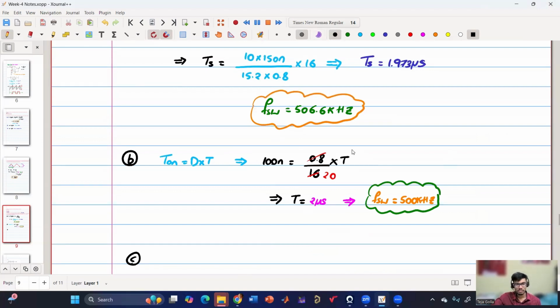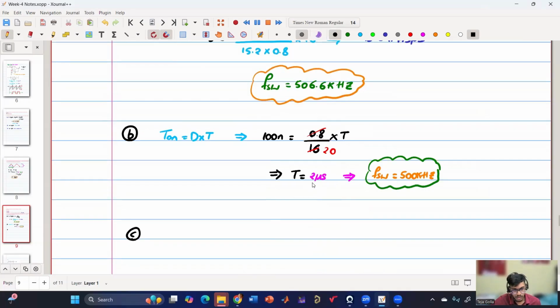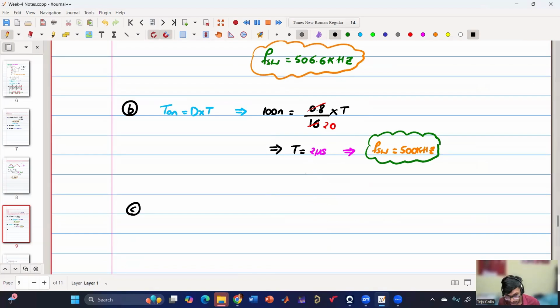So now, do you get any idea how to do it? T off equals T_SW by D. So 1 minus D into T, right? So T off is nothing but 1 minus D into T, and they have given us the switching frequency, so it is 1 minus D by switching frequency.